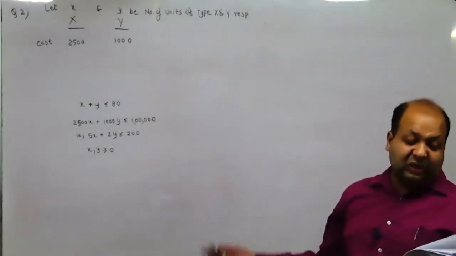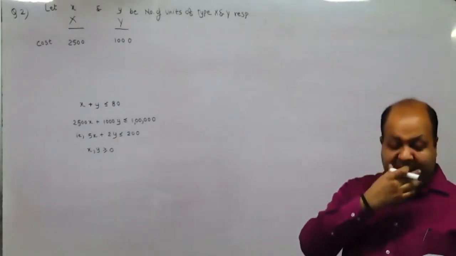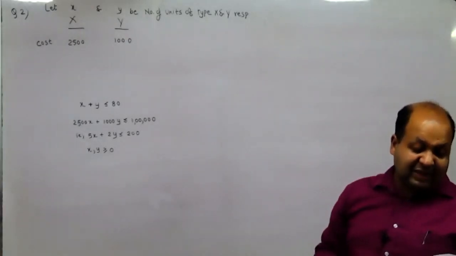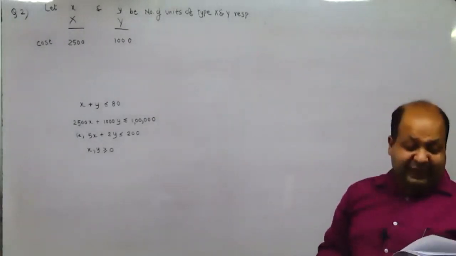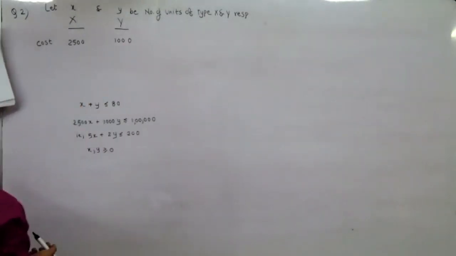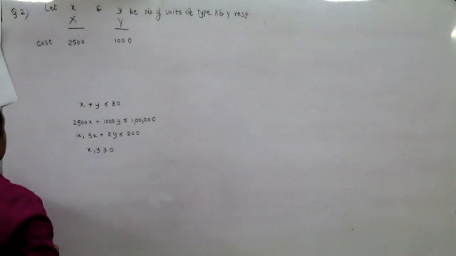If the objective is not given, we won't be able to do this sum unless they tell us whether we have to maximize the profit, minimize the cost, or something of that sort. They would have to mention either profit or some objective here.